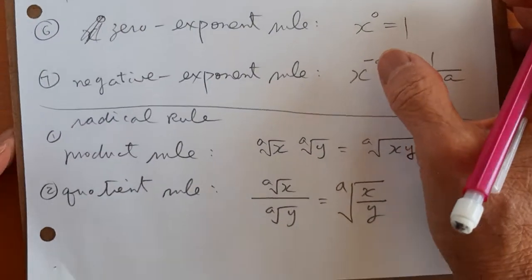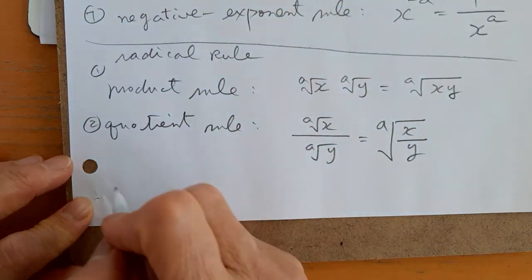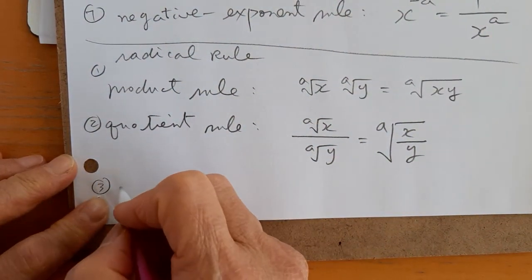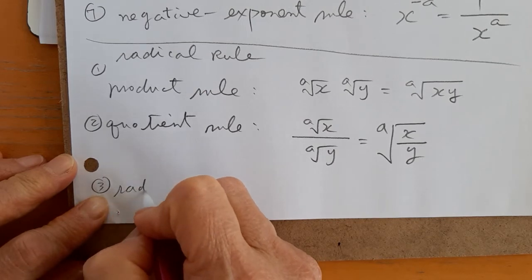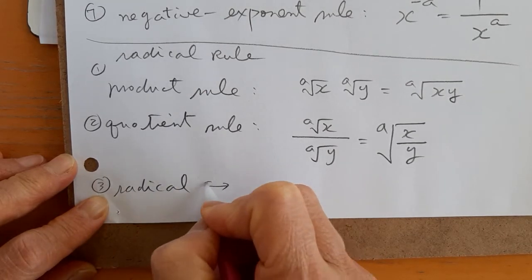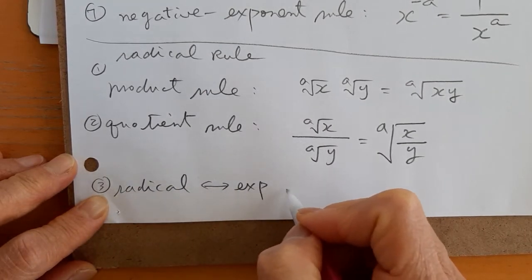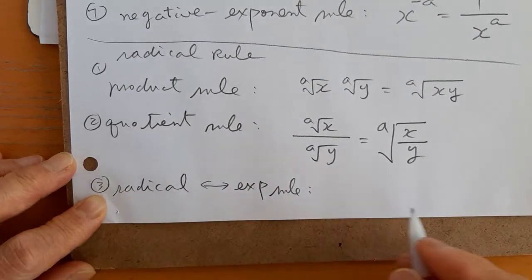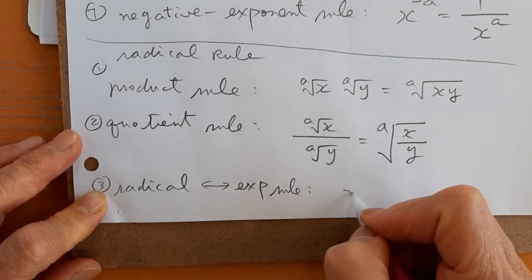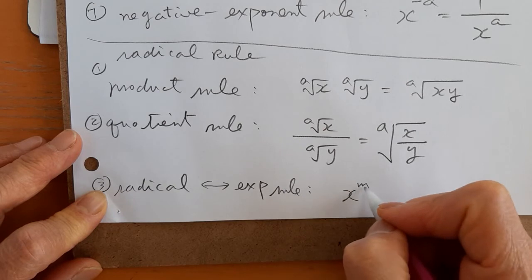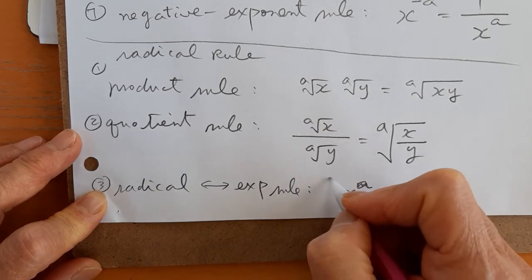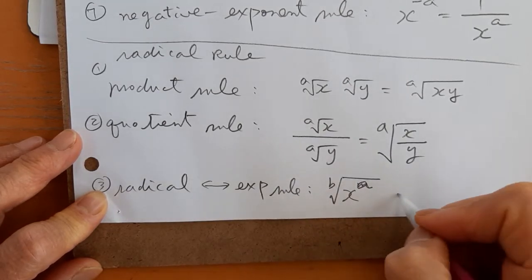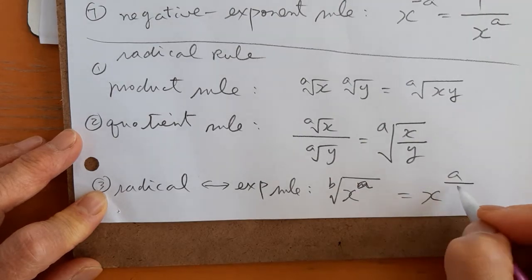Number 3 is the exchange, changing from radical to exponent, or from exponent to radical. Like the bth root of x to the power a equals x to the power a over b. So that's the exchange.